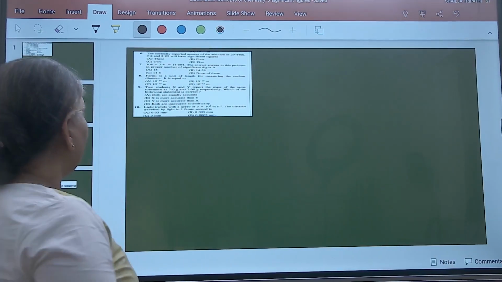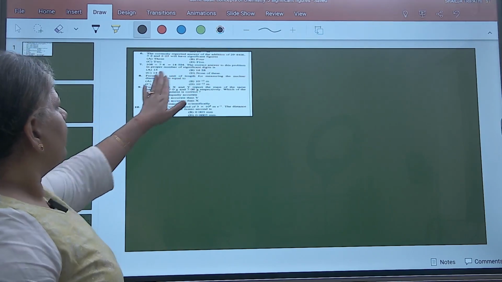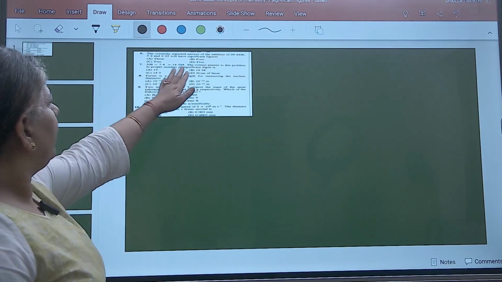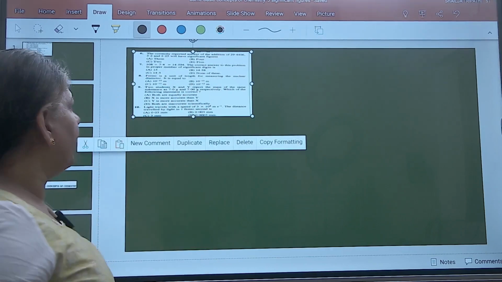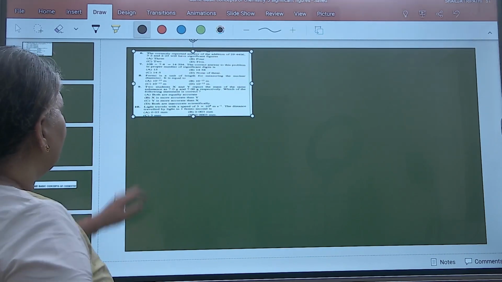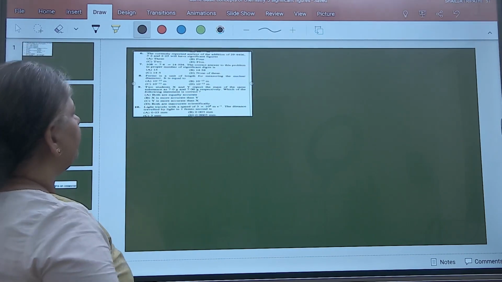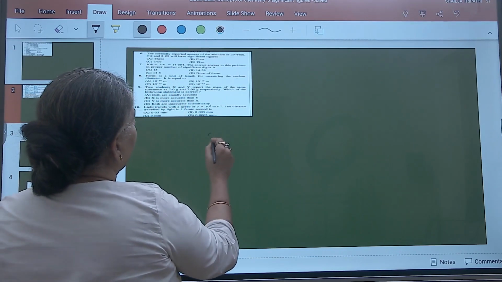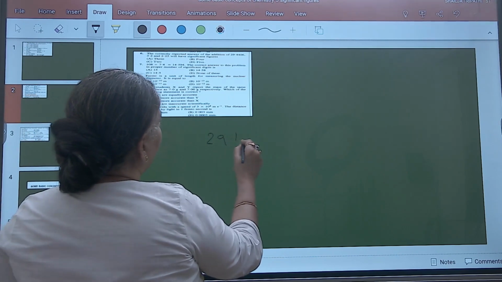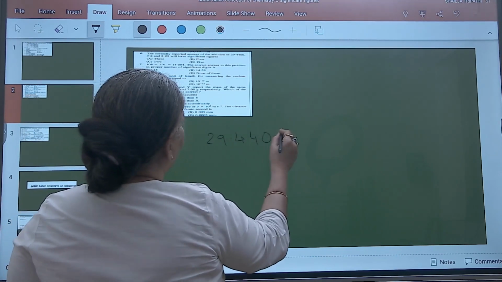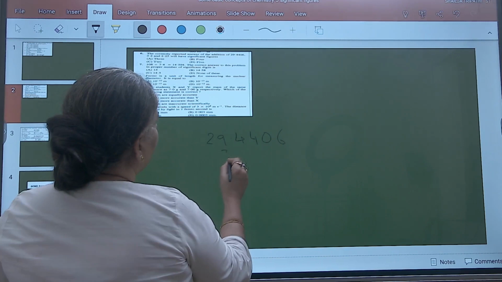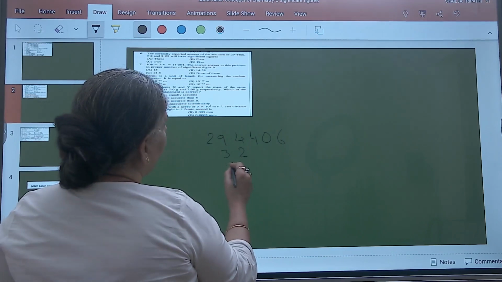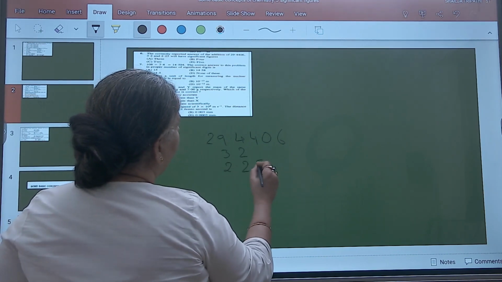Let's see this question. The correctly reported answer of addition of the following numbers will have how many significant figures? So we have three numbers: 29.4406, 3.2 and 2.25.